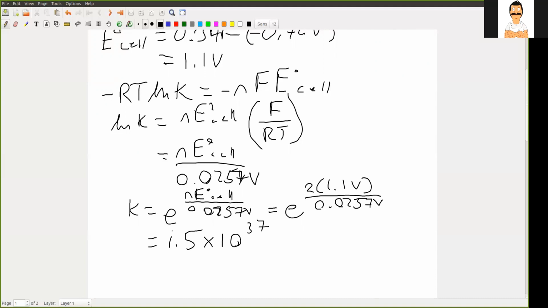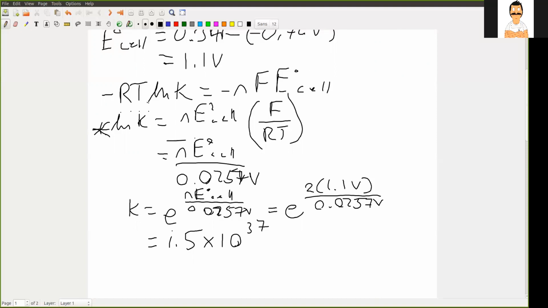So it's relatively straightforward. You may just want to recall that you can solve for K in this fashion, and you can also rearrange it to solve for your E cell just as easily.